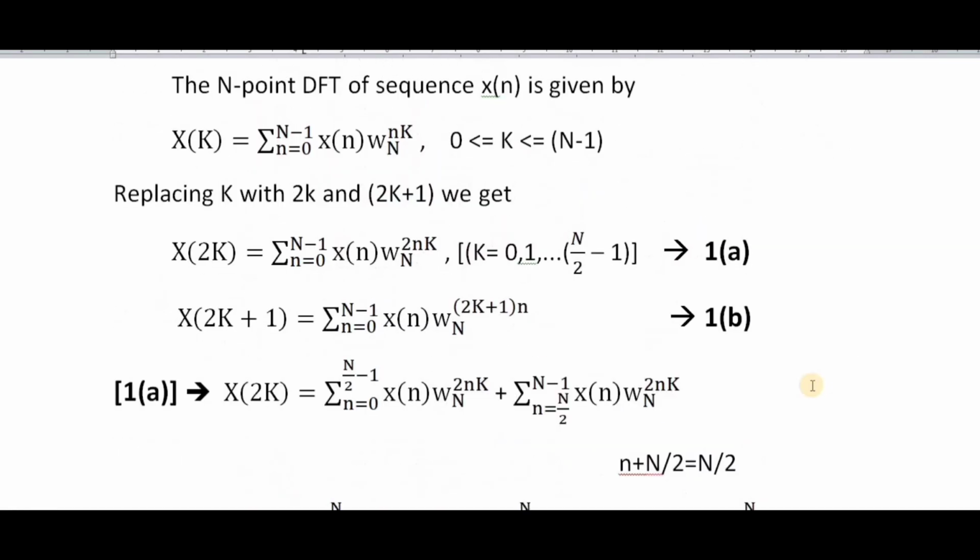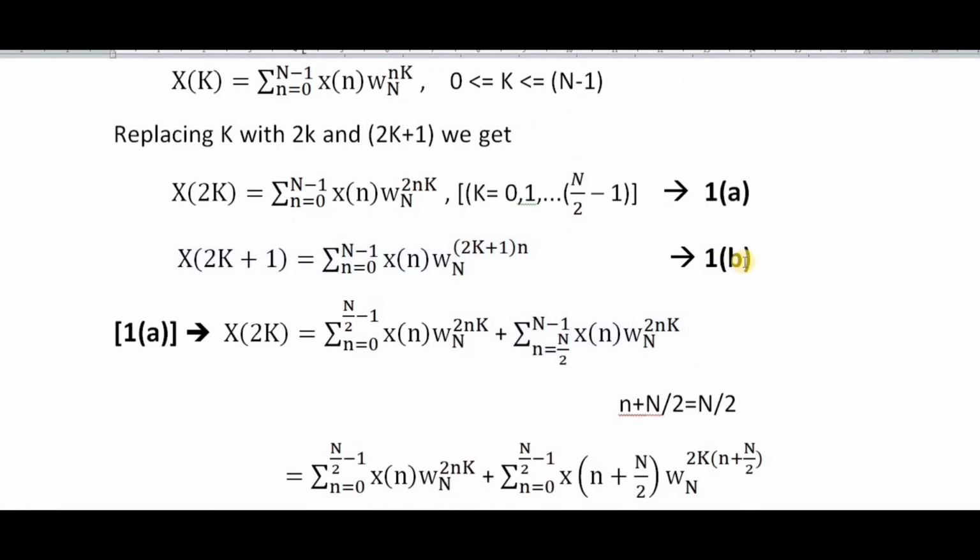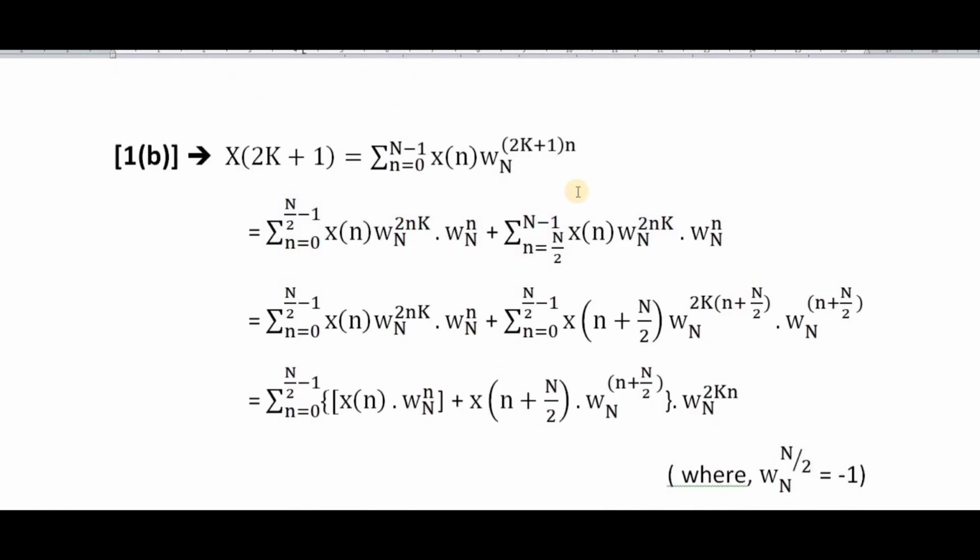Next I am going to take the 1b equation. From equation 1b, I am going to split this equation into n equal to 0 to N by 2 minus 1 and N by 2 to N minus 1. In order to make this start from 0, I am going to add n plus N by 2, and this also becomes n plus N by 2, in order to make the limits equal. Now let us solve this equation.